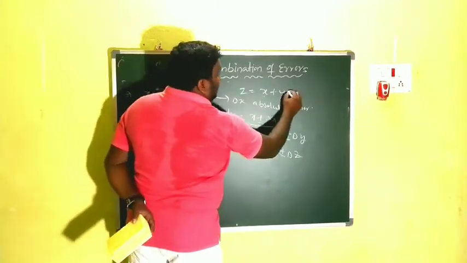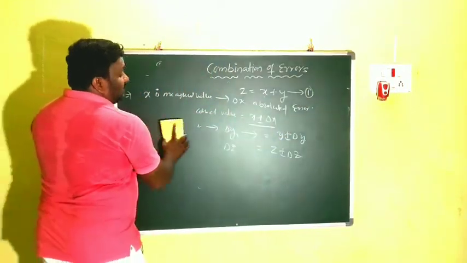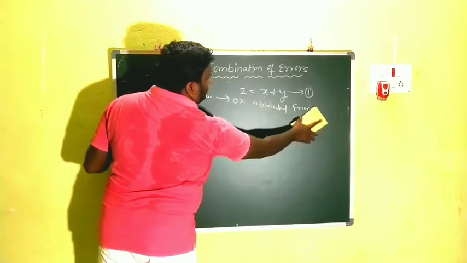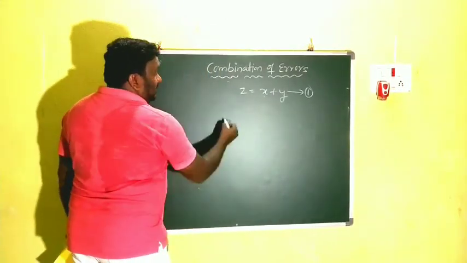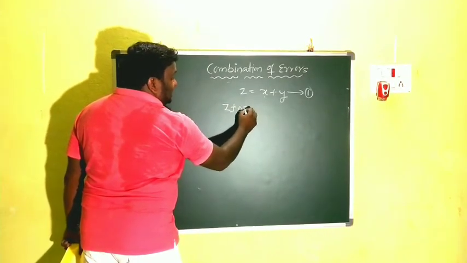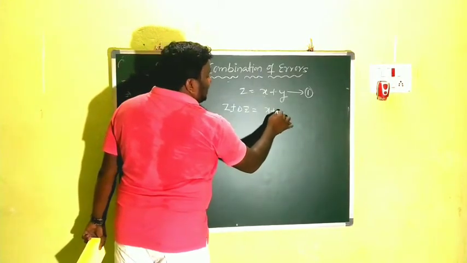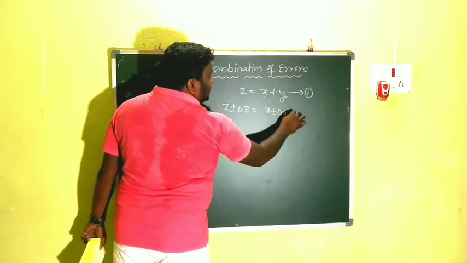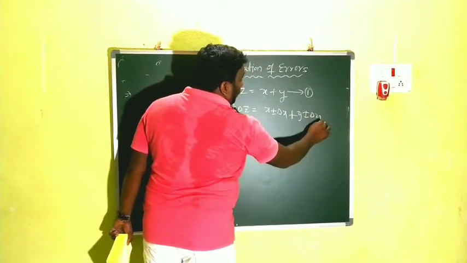So here, if I am taking this equation number 1, clear? After that, I am substituting those values. Z is equal to x plus y, and to correct that one, we are adding the absolute error of z, delta z, that is equal to, and instead of x what do you write? X plus or minus delta x, and instead of y? Y plus or minus delta y.